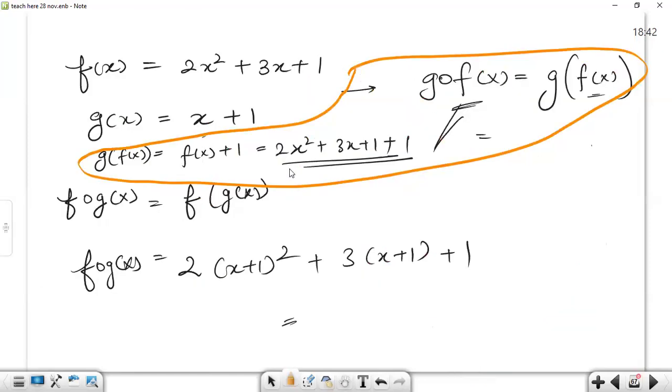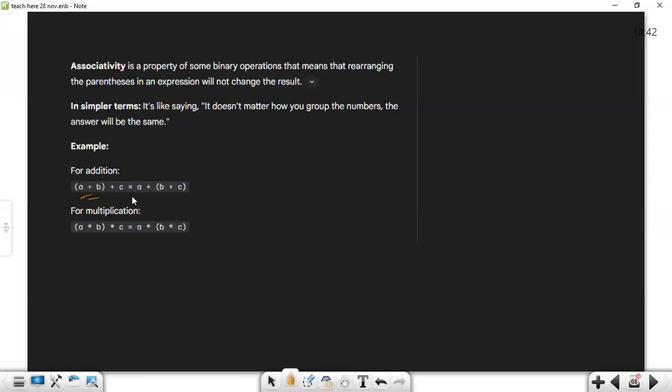And more we can learn here: simply a plus b plus c can be written as a plus b plus c. So f of g of h can be written as f of g of h, or f of g of h of x. Understood? Yes, sir.